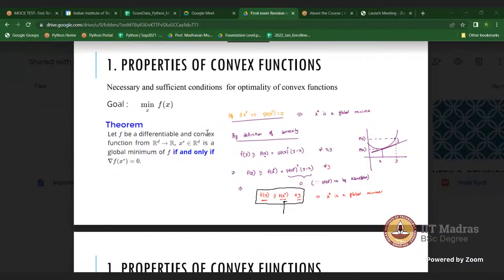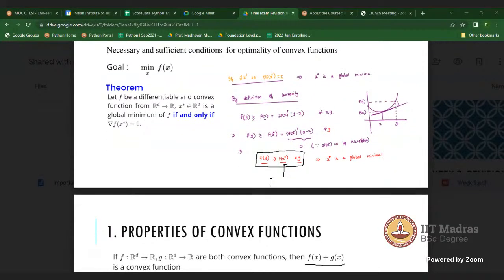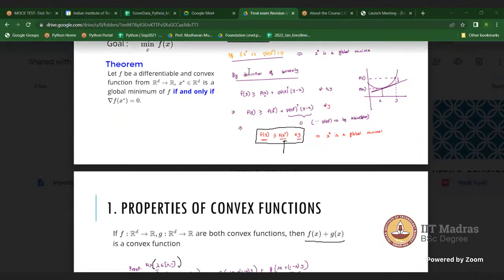Only then we can have f of y greater than or equal to f of x star. So only when del f of x equals 0 can we say that x star is the global minimum.